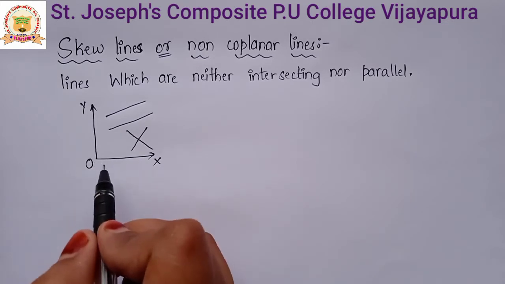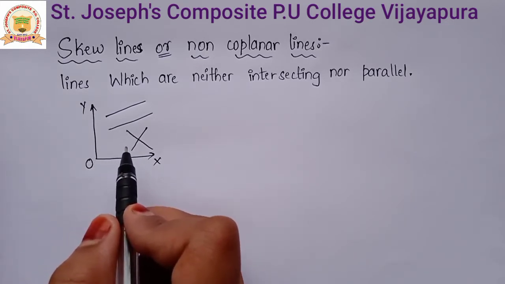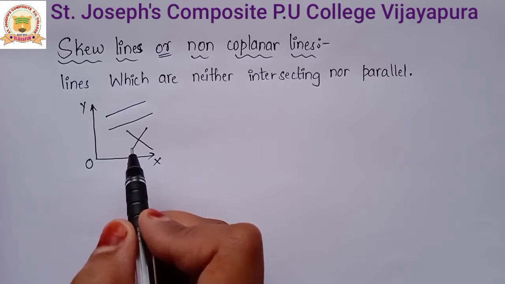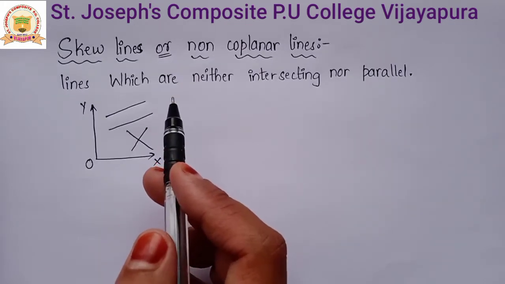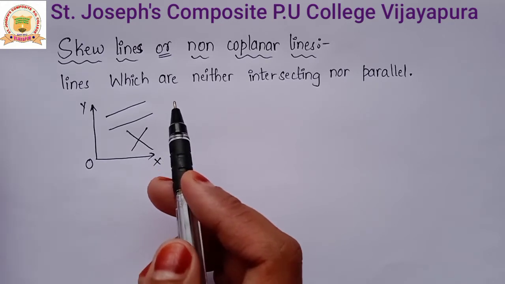Here in 2D, the lines may be parallel or it may be intersecting. But in 3 dimensions, such lines exist which are neither intersecting nor parallel.